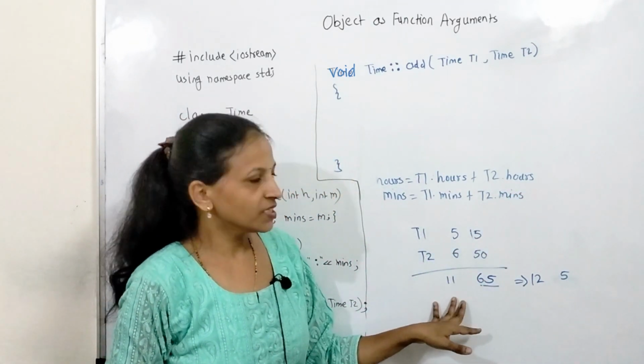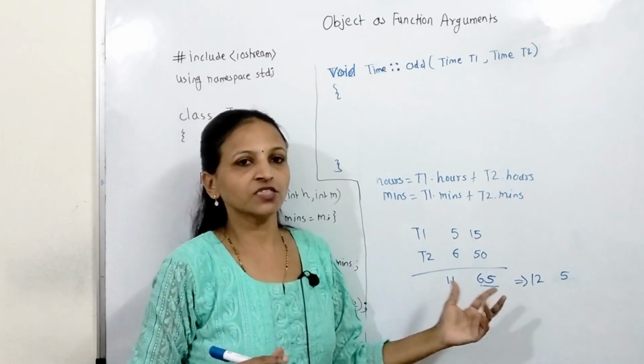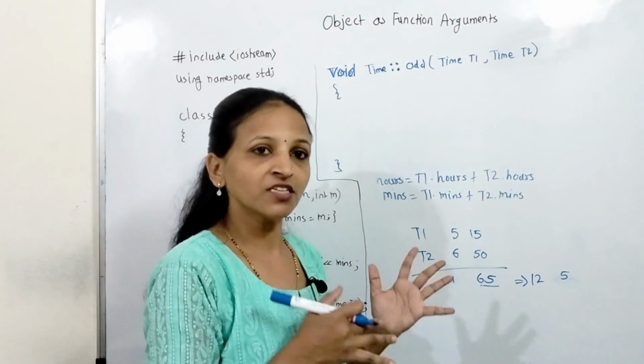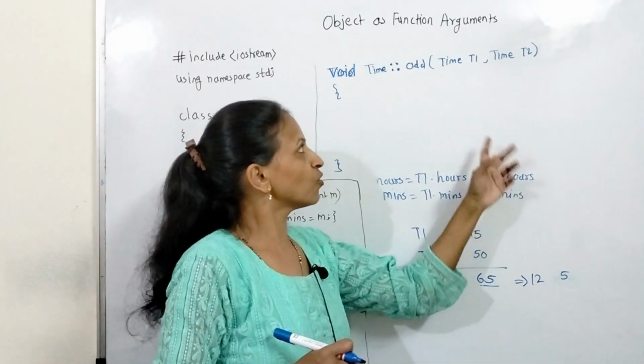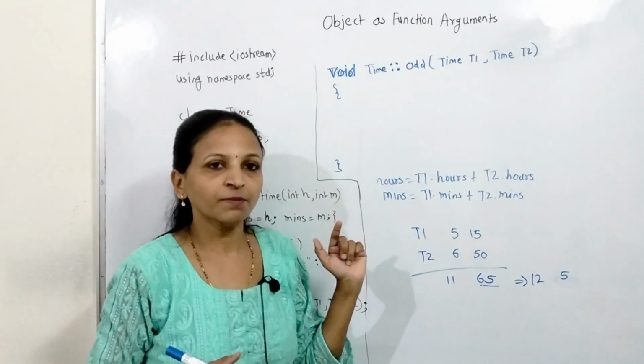After calculation of this, inside hours we have 11, inside minutes we have 65. Actually these hours and minutes are of the calling object, because in the calling object I want to do the addition of whatever objects are passed. That's why I have written hours and minutes here.